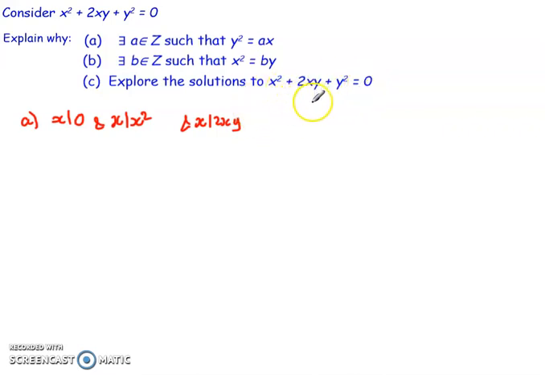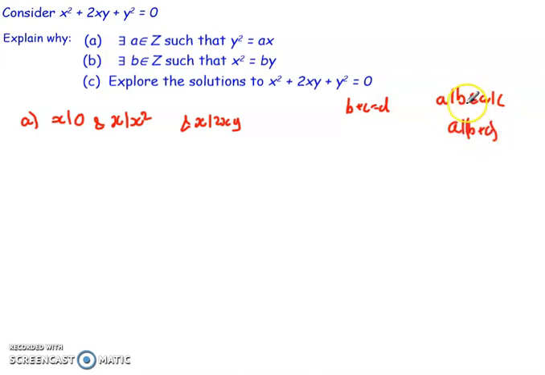Then by the previous result above, the one where we had b plus c equals d, if a is divisible by b and a is divisible by c, then a is divisible by b plus c.